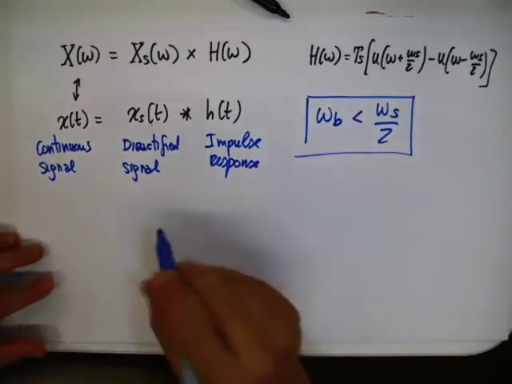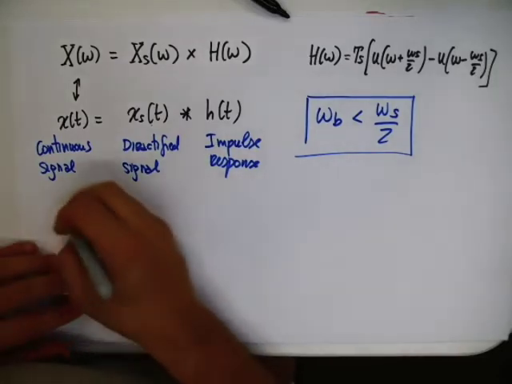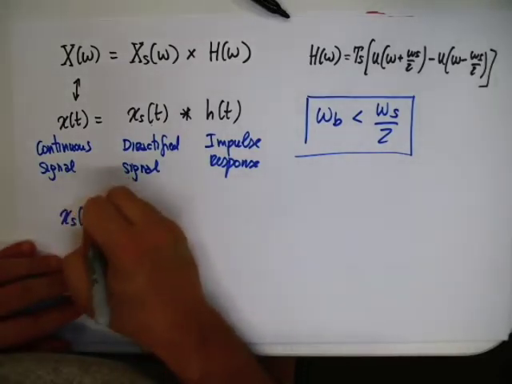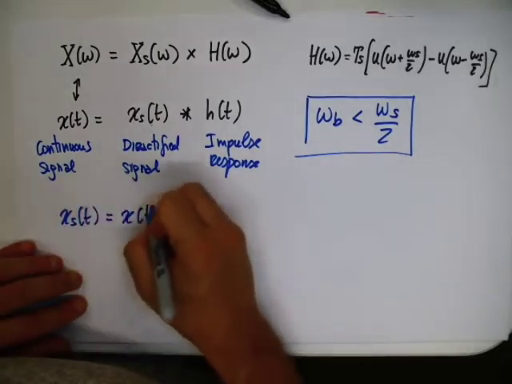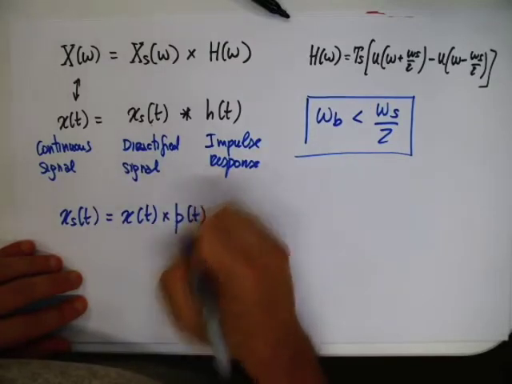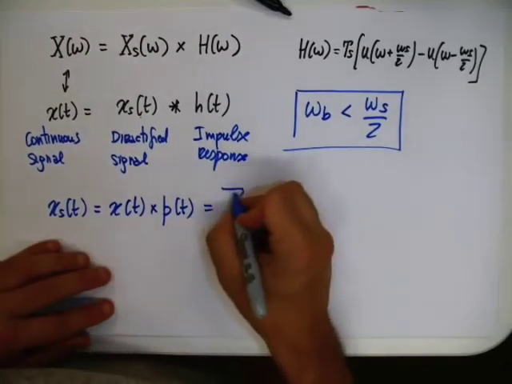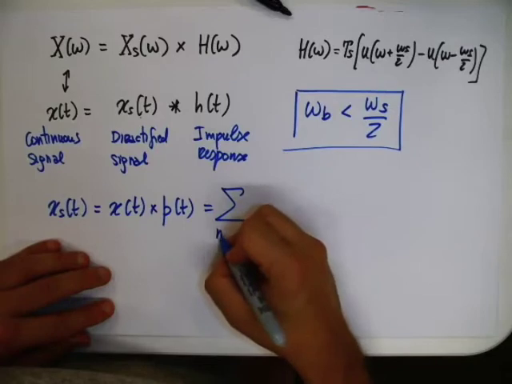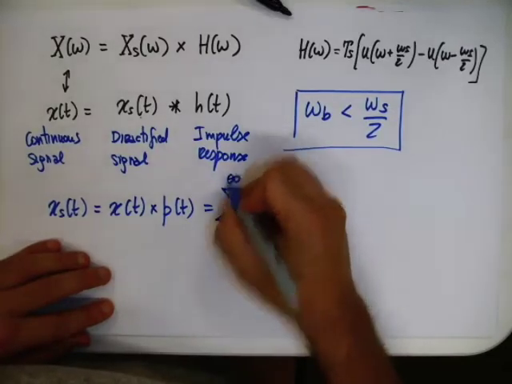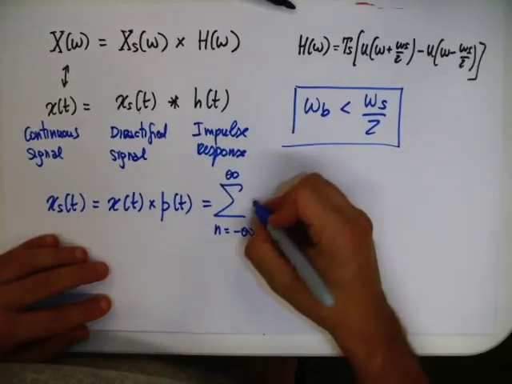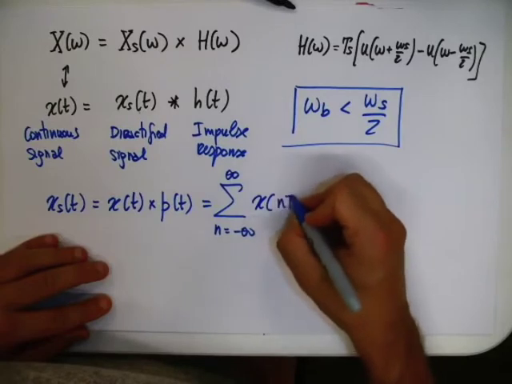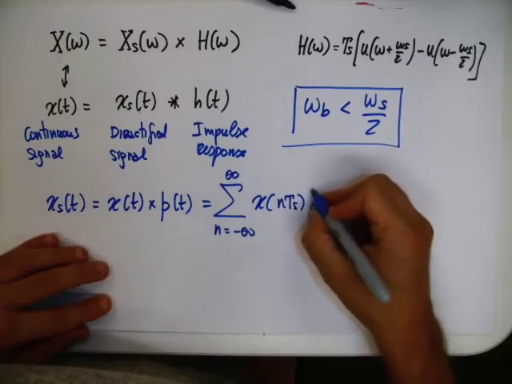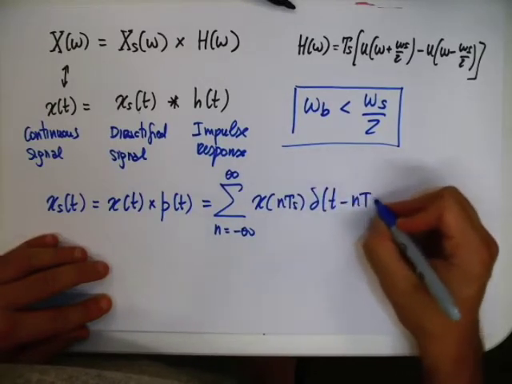Okay? But let me remind you that xs of t was what? Was the original signal multiplied by the Dirac train. And this one was equal to the sum from n equal minus infinity to infinity of x of nts delta of t minus nts.